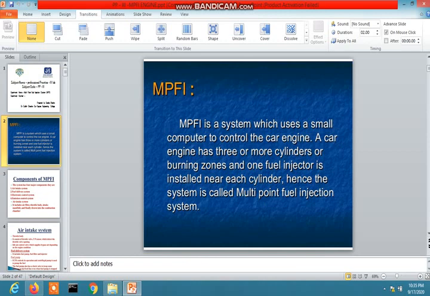Fuel delivery is not a continuously variable function but a discrete function, and the ECU calculates the optimum fuel quantity required for any speed and load condition of the engine.